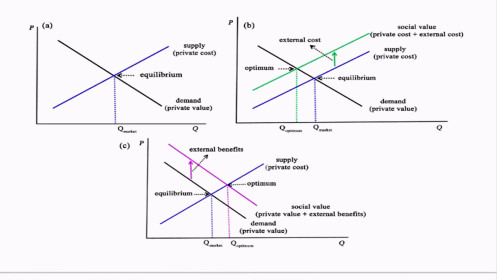that is called the market equilibrium. Considering that the supply by the producer is purely based on the private cost, and we had discussed what a private cost is, and the demand is purely based on the private value. We had also discussed what private benefit is.